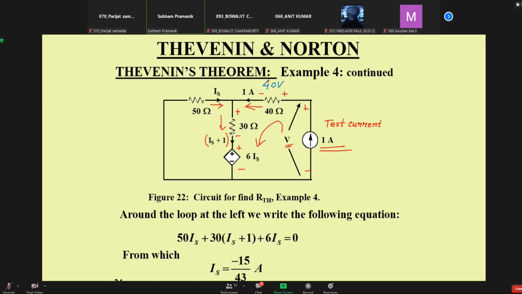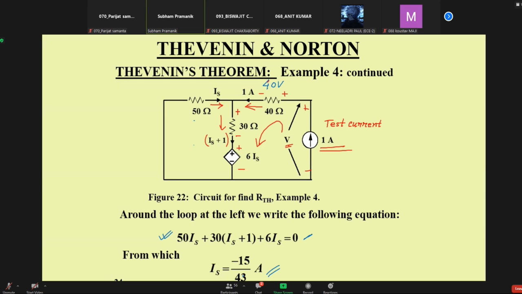What is the voltage across this 30 ohm? To do that, we use this analysis. 50 plus 30, 80, you can write this by simply inspecting, by the inspection method. 80 IS minus 30 into 1 is equal to minus 6 IS. This is what has been done here, from which you can obtain IS equals minus 15 by 43.